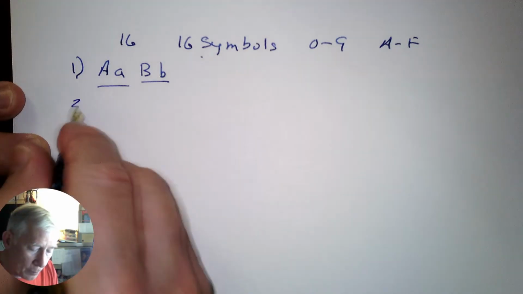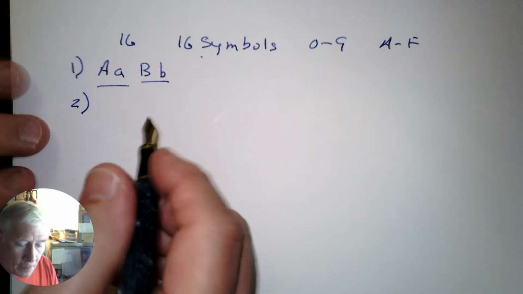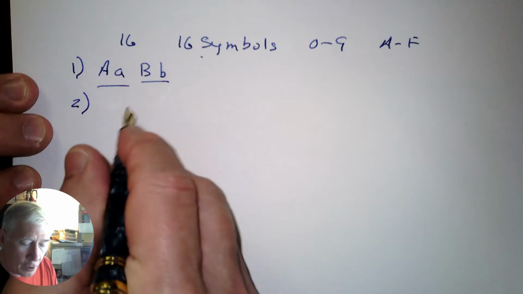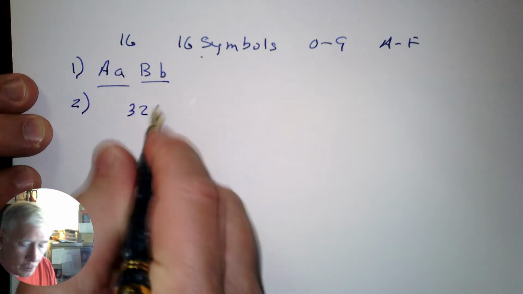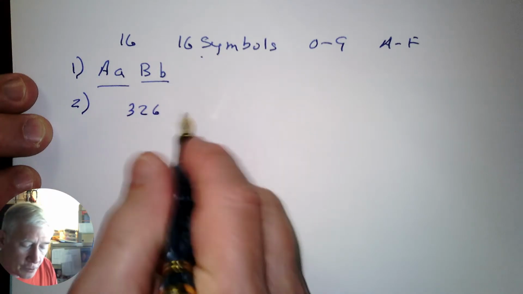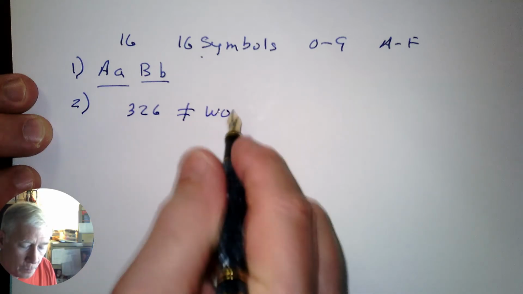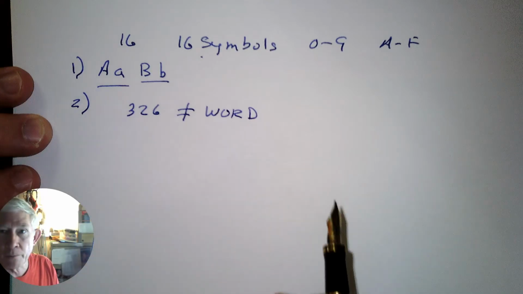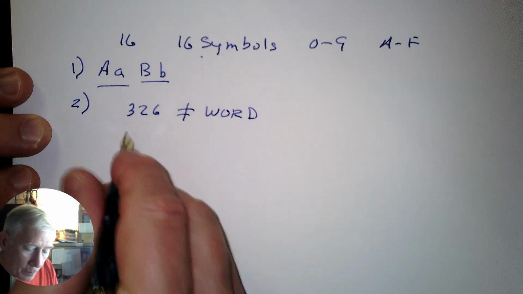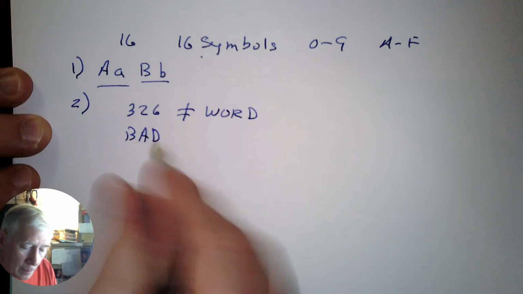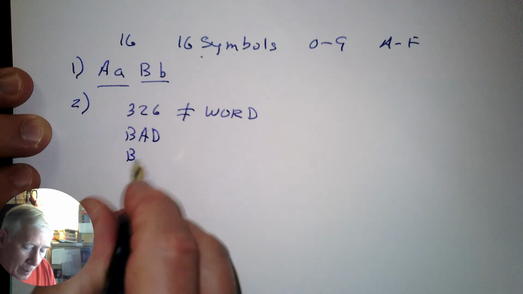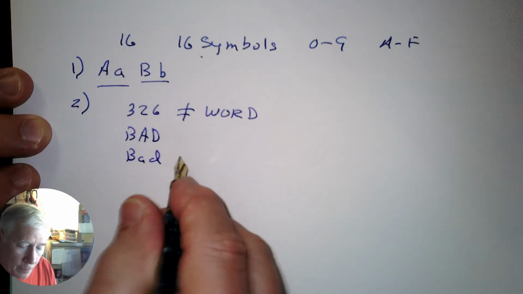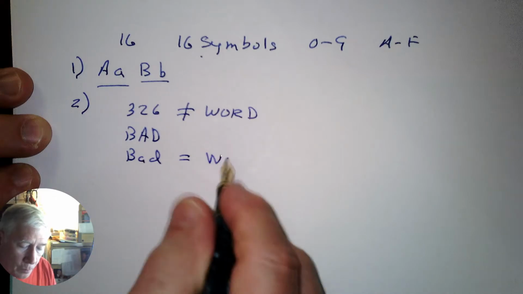And the second problem is that if I write 326, you know that is not equal to a word. You know that's got to be a number. What if I write BAD, or even bad? Could that equal a word?